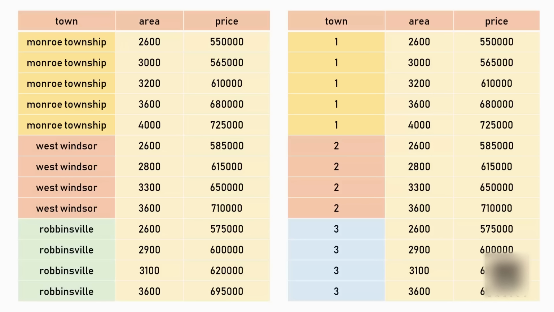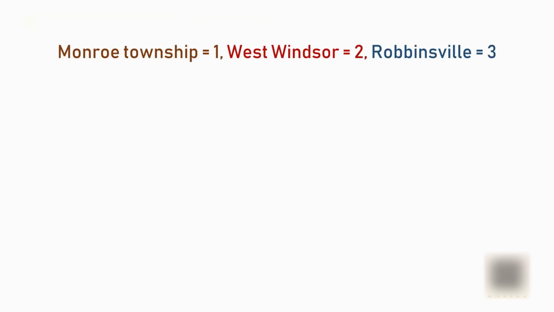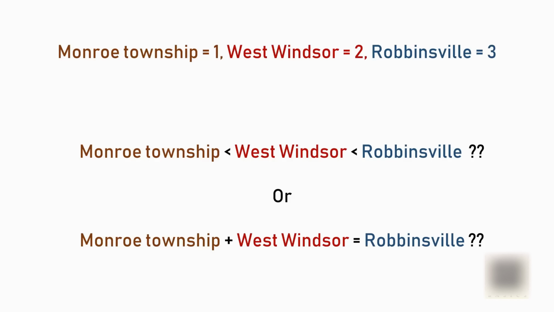But the problem with this approach could be that just think you are assigning numbers to these townships, and when you give this to your model which is working on the numbers, it will assume the orders and it will make assumptions such as Monroe Township is less than West Windsor, which is less than Robbinsville, or Monroe Township plus West Windsor is equal to Robbinsville. This doesn't quite make sense, isn't it?